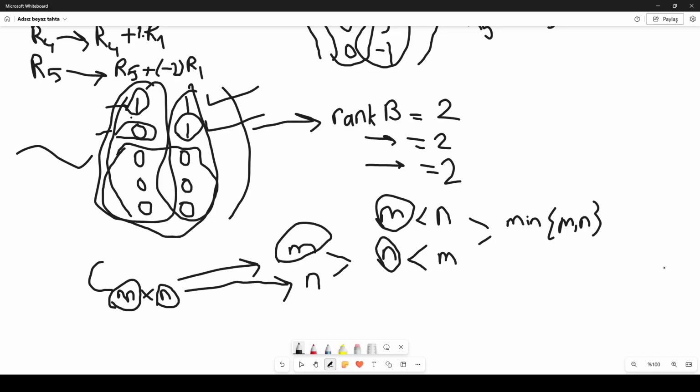In other words, if we have a 6 by 3 matrix, which means we have 6 rows and 3 columns, the largest possible value for rank shouldn't exceed 3, because if it passes the value 3, suppose it is 4, then it is not plausible at all.